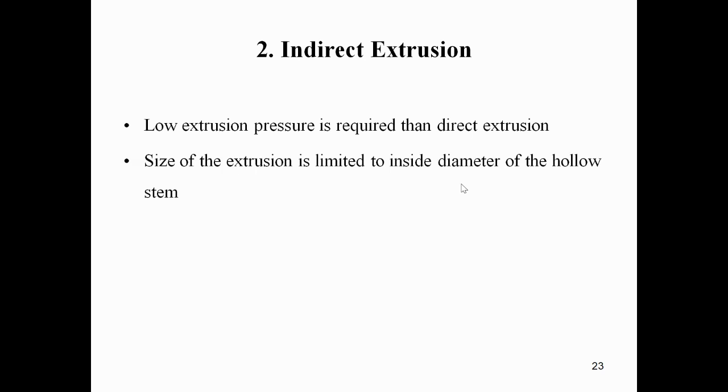However, the size of the extrusion is limited to the inside diameter of the hollow ram, and a hollow ram makes the plant more complicated. We have already seen the diagram of the indirect or backward extrusion.